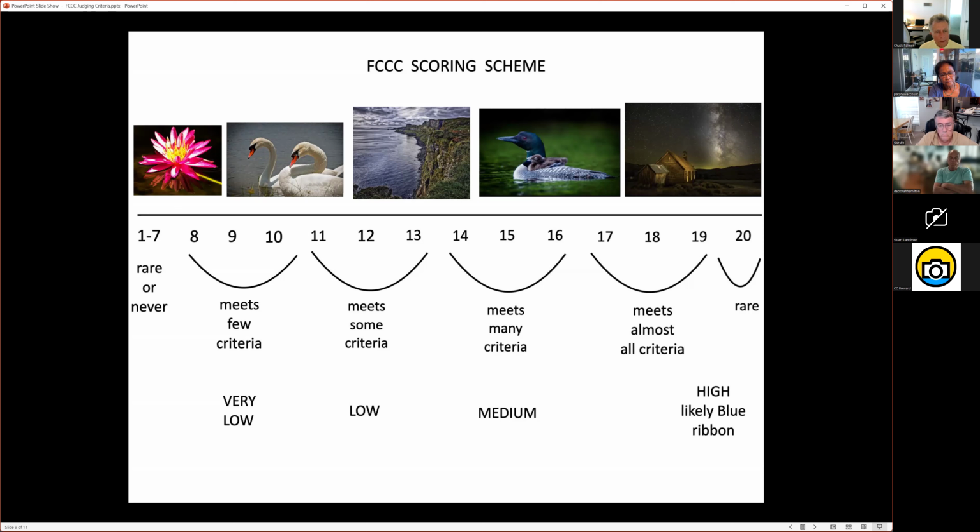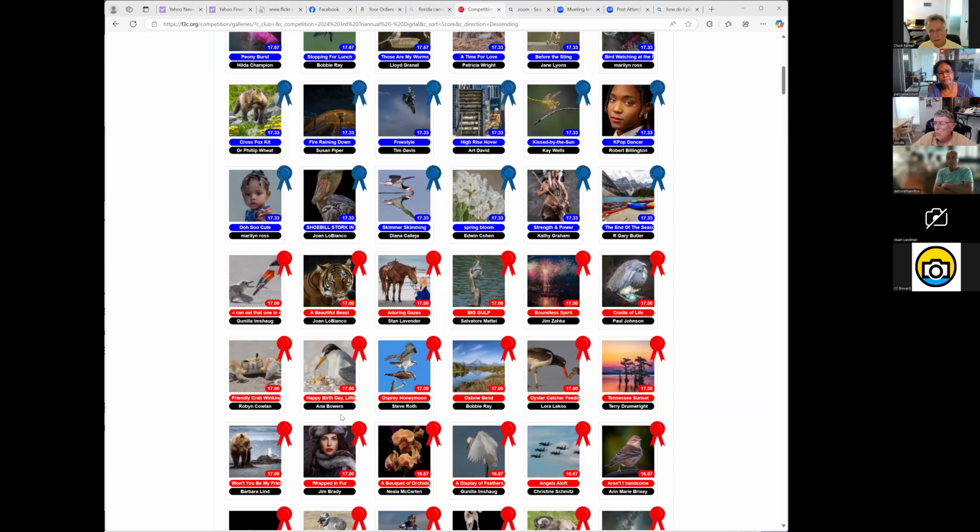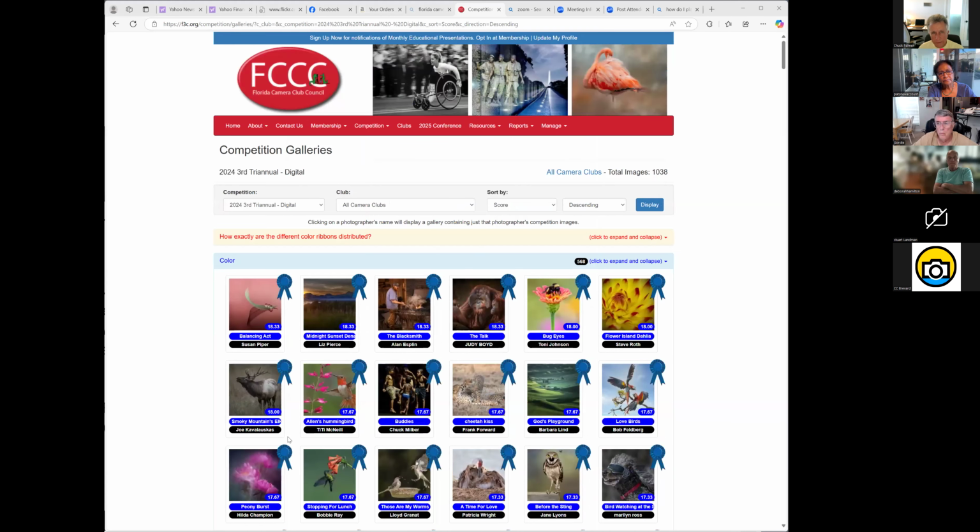So what I was going to do is take you to the website of the F3C, and I've already brought up all the images of the third triannual digital.